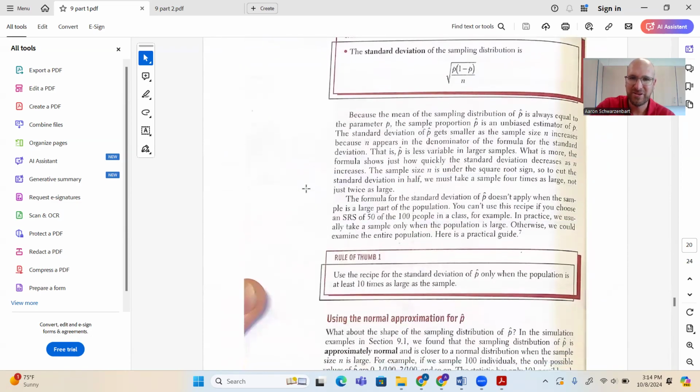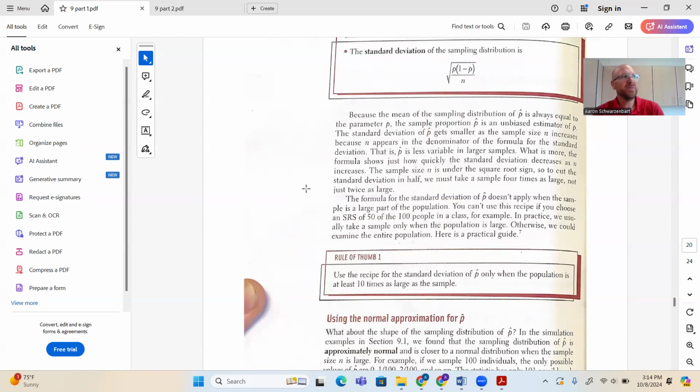Okay. However, in order for this to be true, we have to check a few things that are called rules of thumb, because these are only true if these assumptions are valid. Use the recipe for standard deviation of p hat only when the population is at least 10 times as large as the sample.